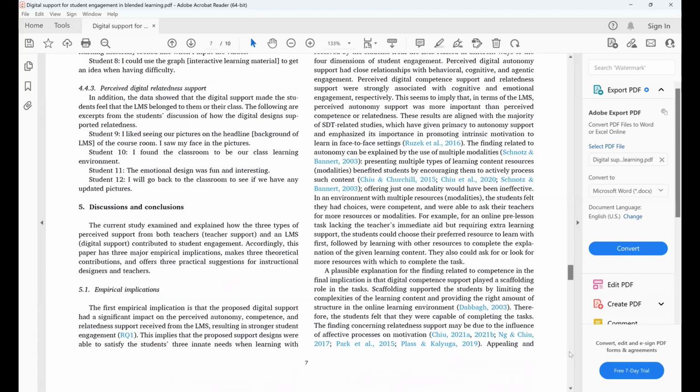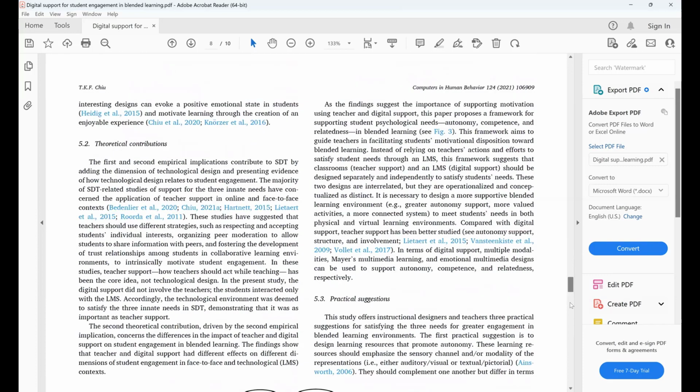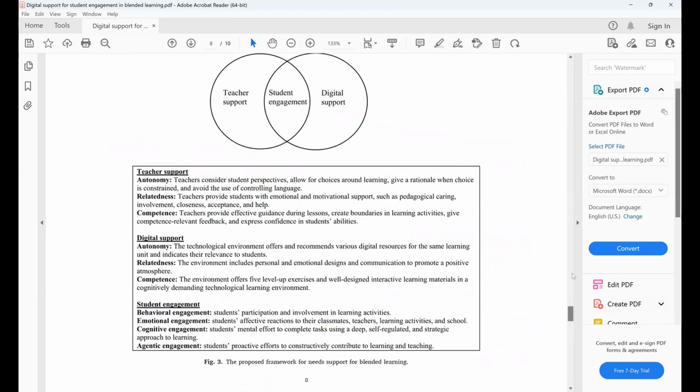Again, my key point is that sometimes we learn from reading a paper how to present our ideas and methods more systematically. You can see here that they do not only talk about the findings, they also talk very specifically and highlight a section called practical suggestions. This means what we can do.